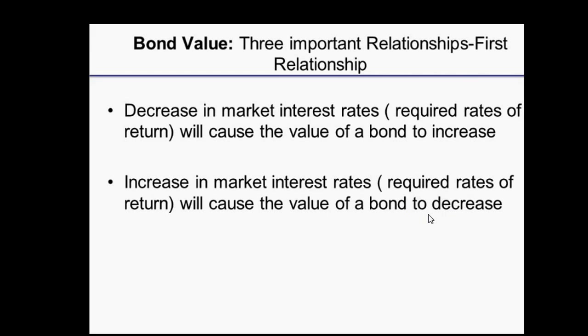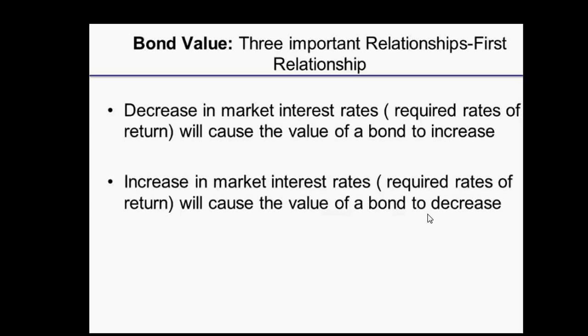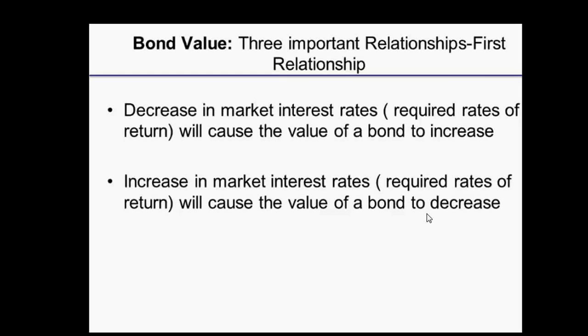And we just saw how an increase in the market interest rate from 10% to 12% will cause an investor to buy the bond at less than the face value of the bond, which is $1,000, because the $1,000 bonds of ABC company carries a coupon rate of 10% and the market interest rate has gone up to 12%.